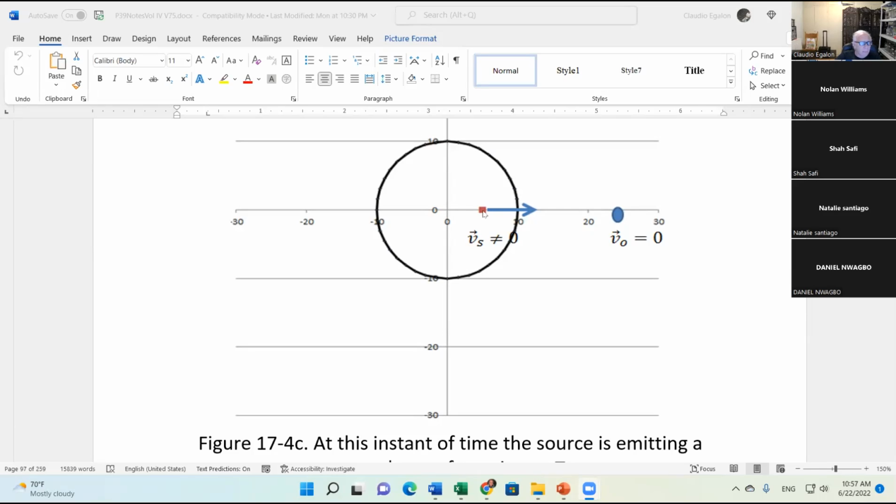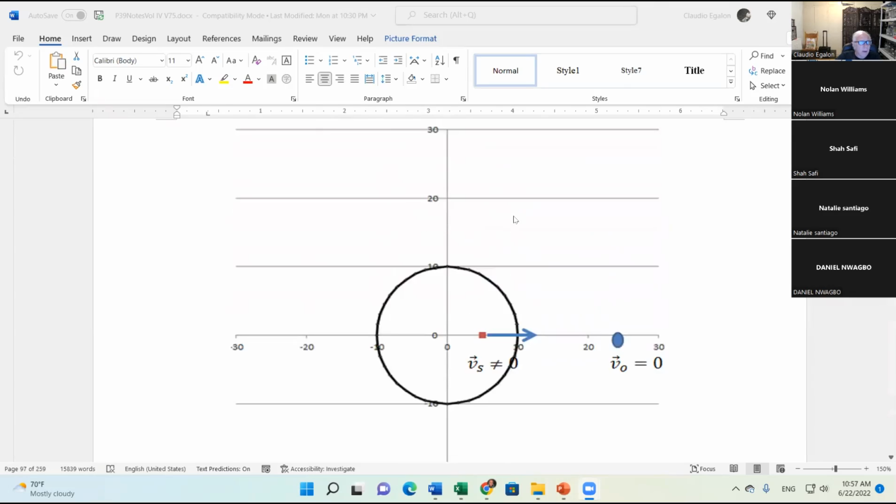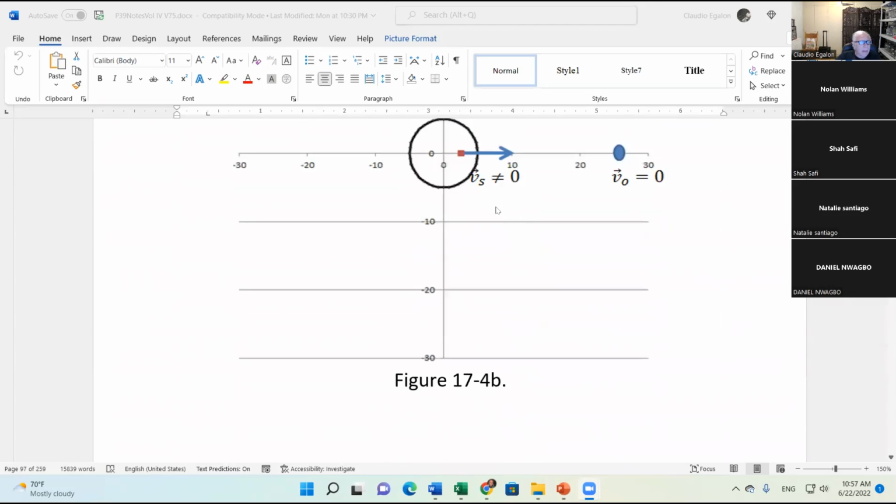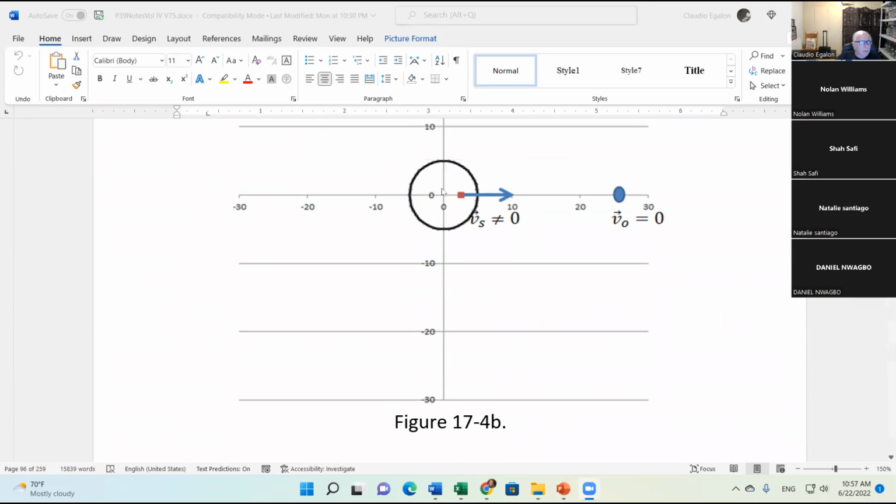And now that the source is about to emit the next wave front, the observer right here along the x-axis is seeing this wavelength lambda prime. Because we have a period, the wavelength lambda is this whole distance right in here, from here to here. Right in here, it's not lambda, because the amount of time that went by was less than the period.